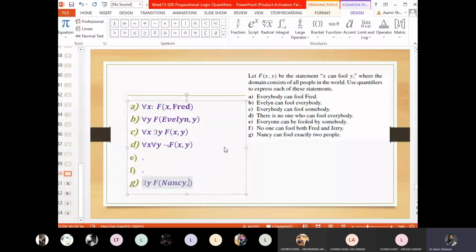So Nancy can fool y, and we have to be more specific: the size of y is exactly equal to 2. So we can put this inside or we can put it outside. Exactly two people, there are two y. So Nancy can fool them, just like this. So I will stop my lecture here.